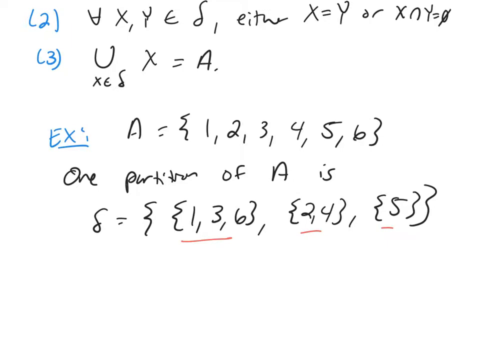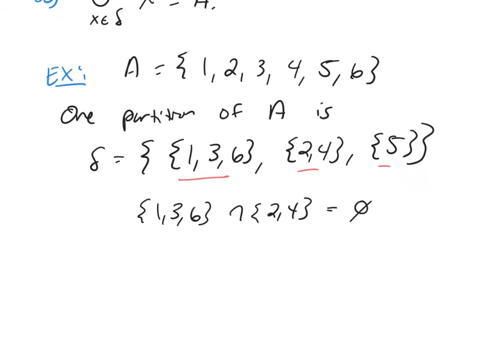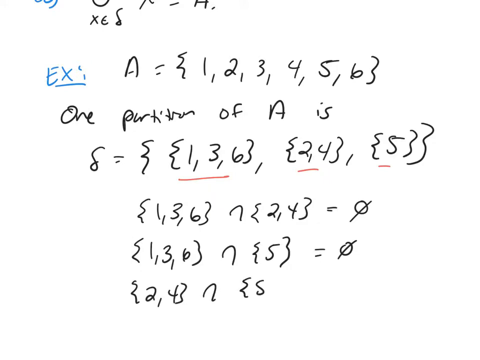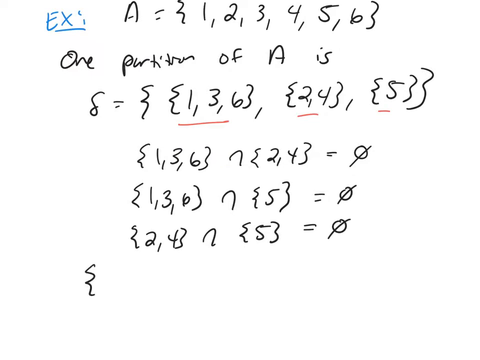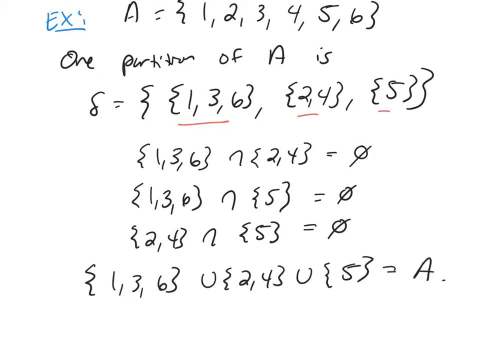If I take any two of these and compute the intersection, {1, 3, 6} intersected with {2, 4}, the intersection would be the empty set, and the same thing for the other two pairs. So {1, 3, 6} intersected with {5} would be the empty set, and {2, 4} intersected with {5} would be the empty set. So condition 2 holds. And then finally, if I take the union of all these sets together, I get back my set A. So this would be a partition.